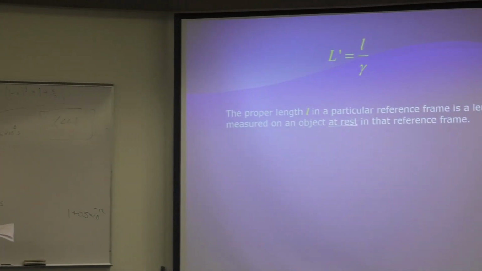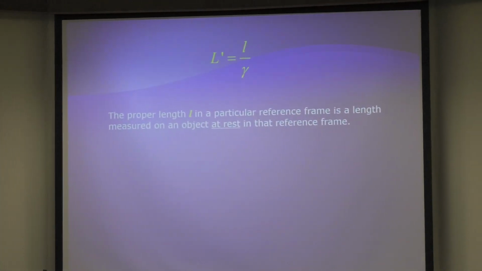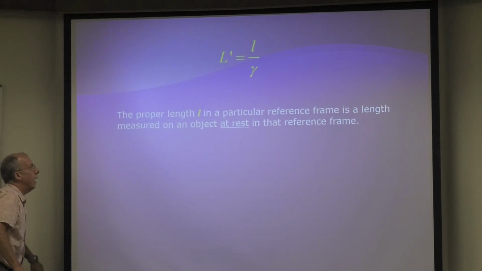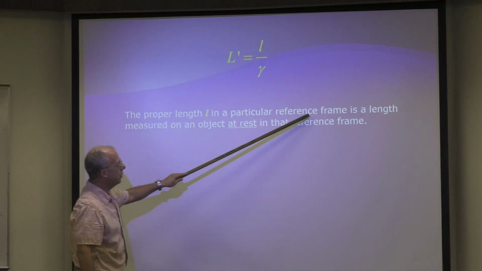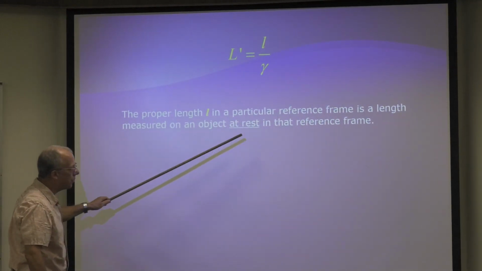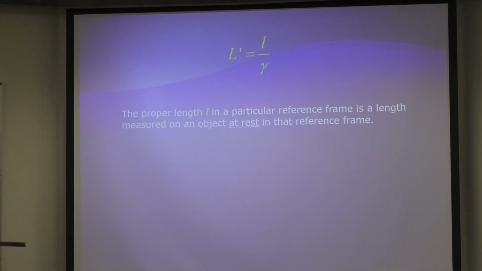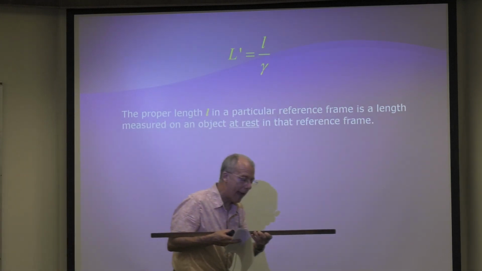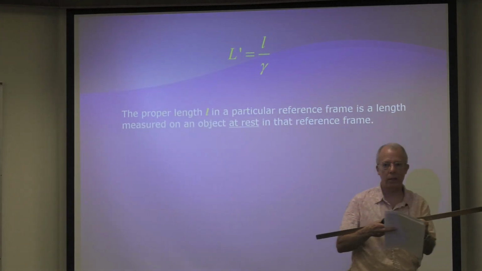Okay, so once again, here's this proper business again. So the proper length, lowercase l, in a particular reference frame is a length measured on an object at rest in that reference frame, right? In my reference frame, the meter stick is at rest. So I would measure the proper length to be 1 meter.